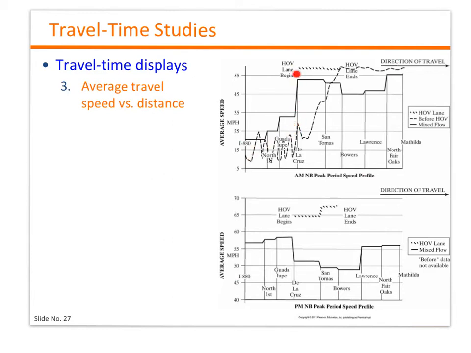Now once I have the HOV lane, some of the traffic would go to the HOV lane, and definitely the speed of the HOV lane is way higher, because not many vehicles would be using that lane. But still, the HOV lane has a positive effect on the mixed flow, because now there are fewer cars from this point, and that's why the speed here is going to be high.